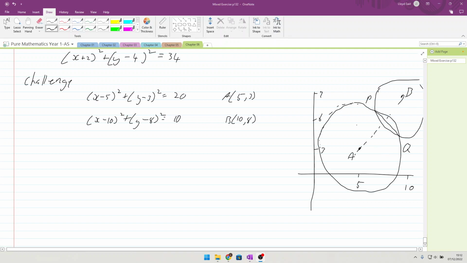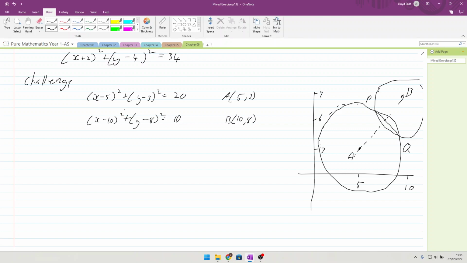So if we want PQ, we can do it with either finding radius lengths, which we know are square root 20, square root 10, finding the middle over that bit, getting that point in the middle that's on the line AB, and then taking inverse sines of that. But I think, given the fact that part B wants us to find P and Q anyway, that's what we're going to start by doing.